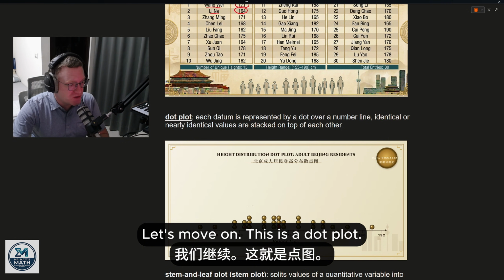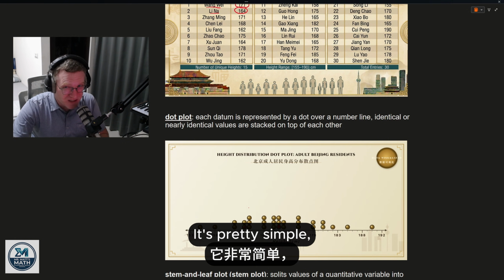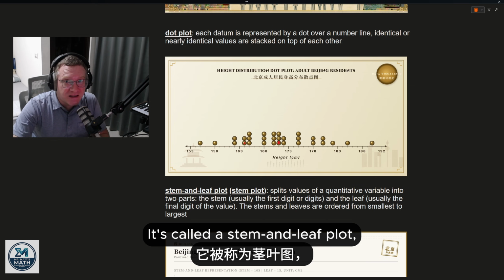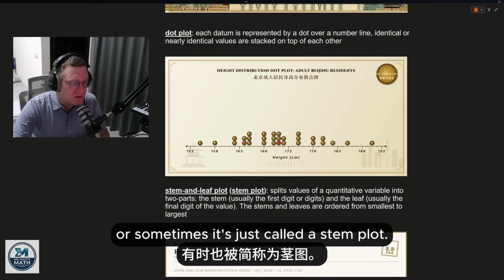Let's move on. So this is a dot plot. It's pretty simple, very easy. The next type of plot is a little bit more complicated. It's called a stem and leaf plot, or sometimes just a stem plot.